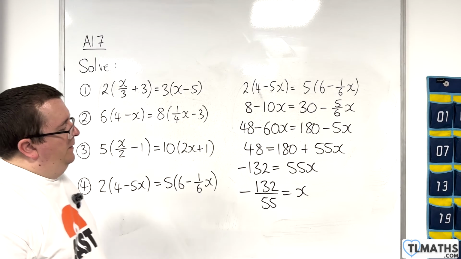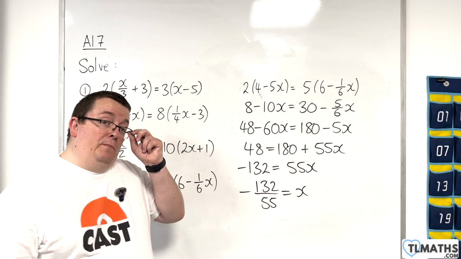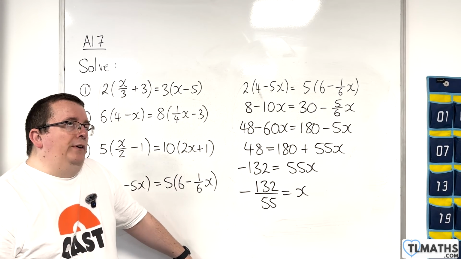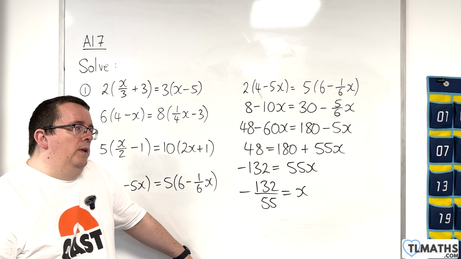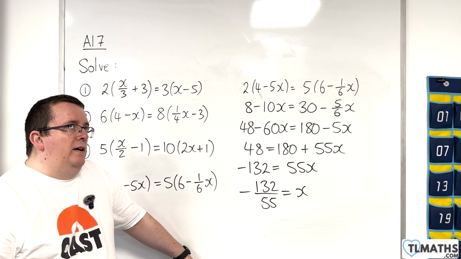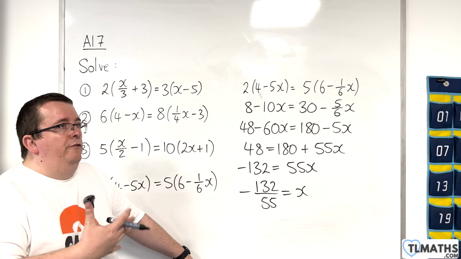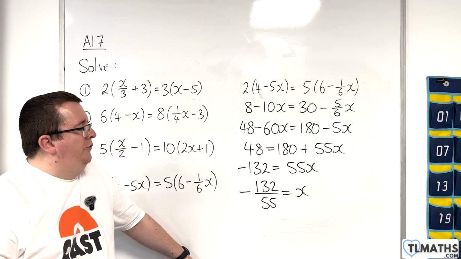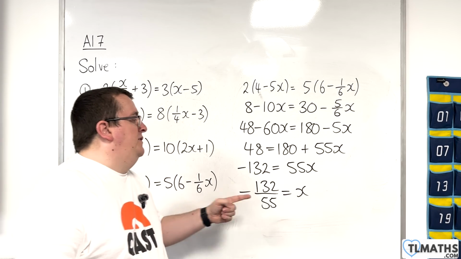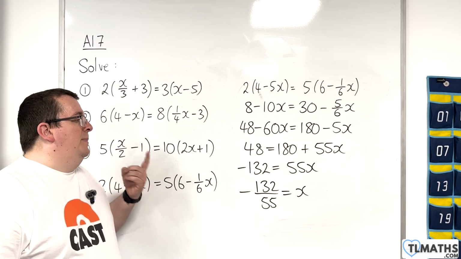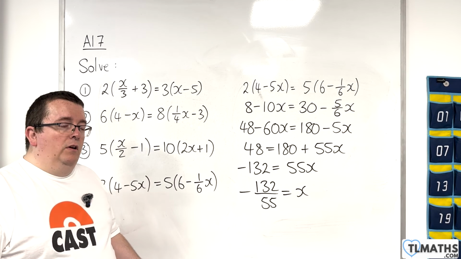Okay, now, can this fraction be simplified? So 55 has factors of 5 and 11: 1, 5, 11, 55. So 132 can't obviously be divided by 5, but can it be divided by 11?